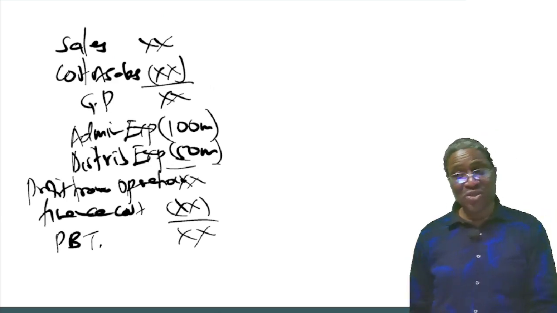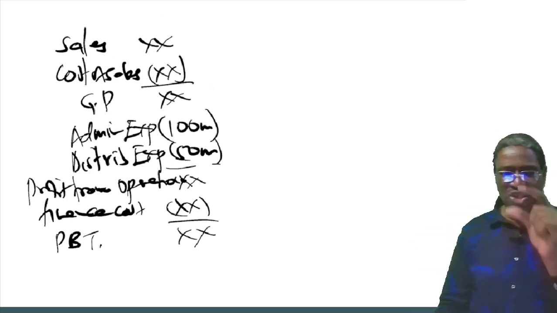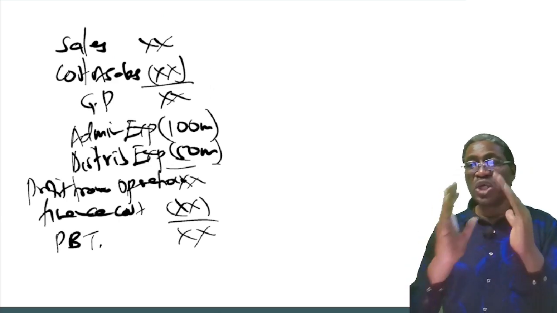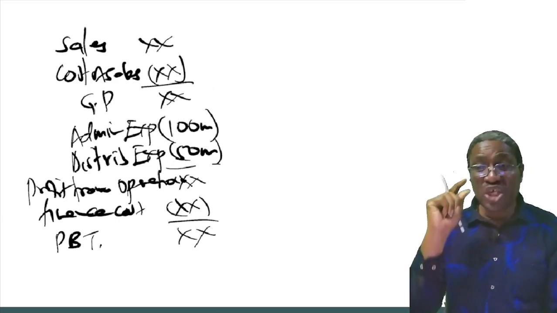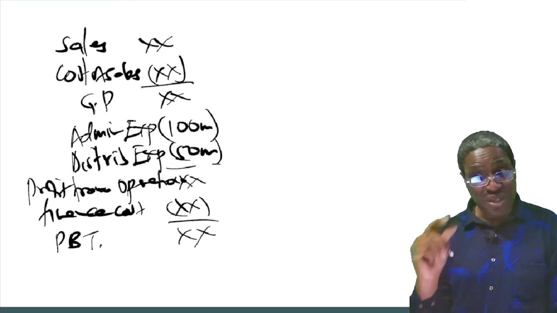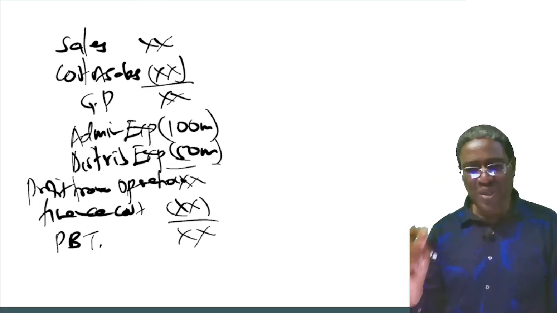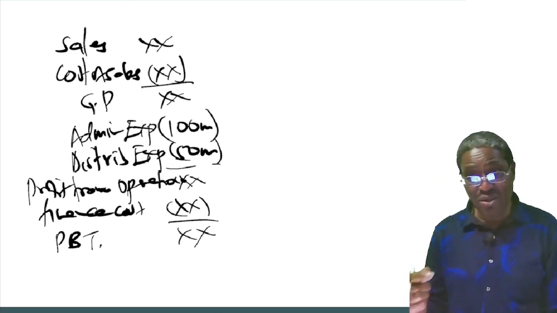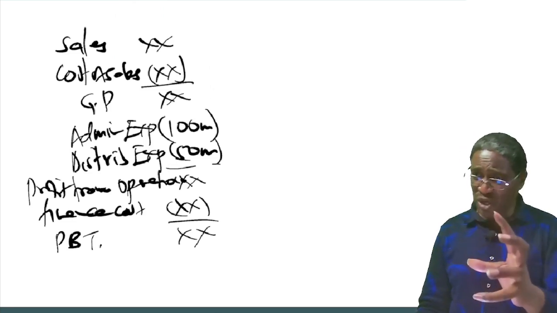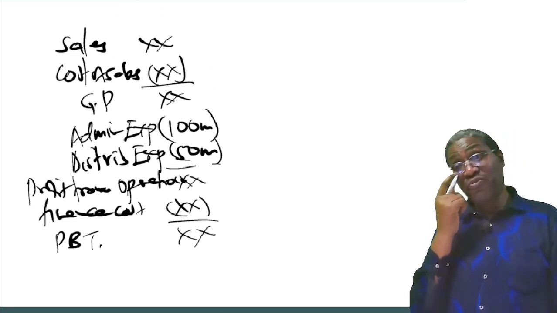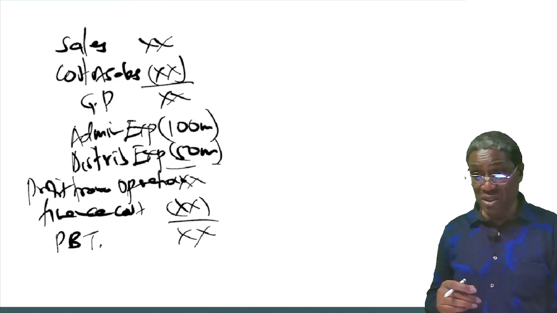So it means that you as a company charged the income statement with the total expenses amounting to 150 million: 100 million for admin expenses and 50 million for distribution expenses.